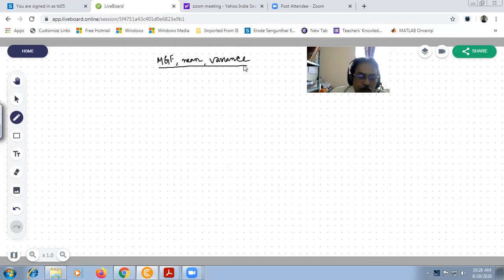So this is the problem. X takes the value between 0 and 10 with uniform distribution, and y takes a value similarly, and we have to find x plus y greater than 20.